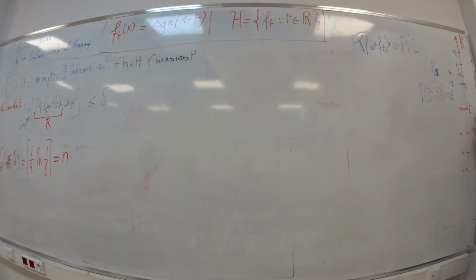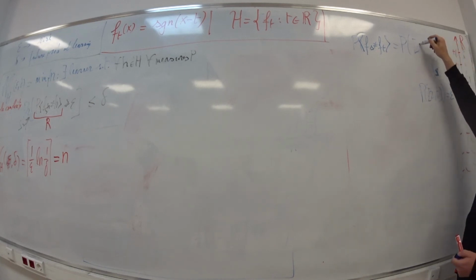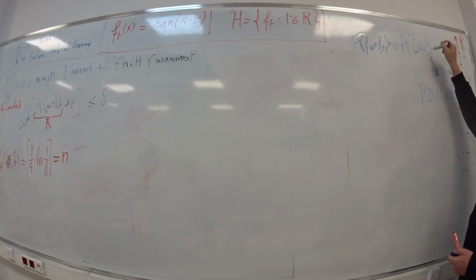Negative points are always correctly classified. f_s will say that this is all negative, and it will only start here to say positive. So the place where f_s makes a mistake is between s and t. And so the risk is the probability of the interval ST.